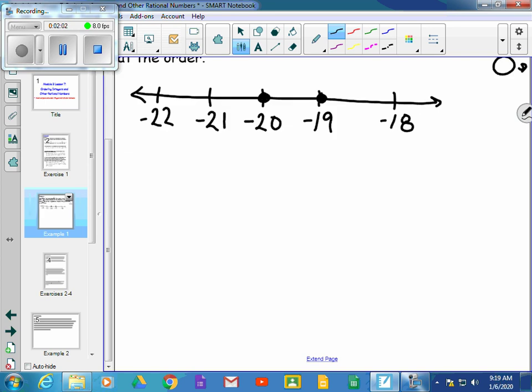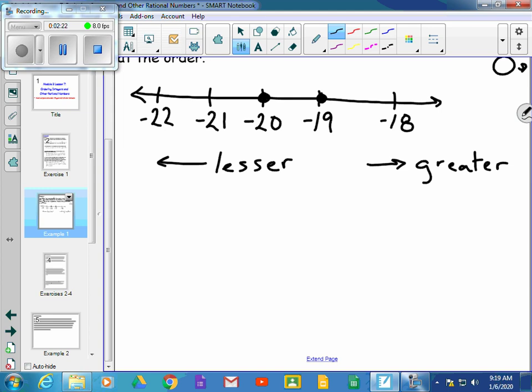Now the way we use the number line to compare numbers that are plotted on there is the farther to the left, the lesser the number gets, the smaller it gets. The further to the right, the greater the number gets, the larger it gets. So we can see that negative 20 is to the left of negative 19.